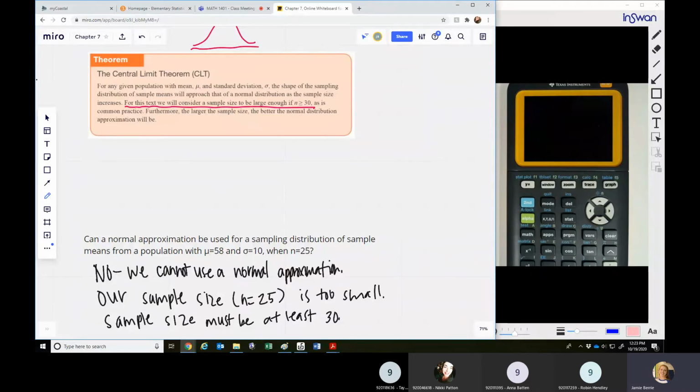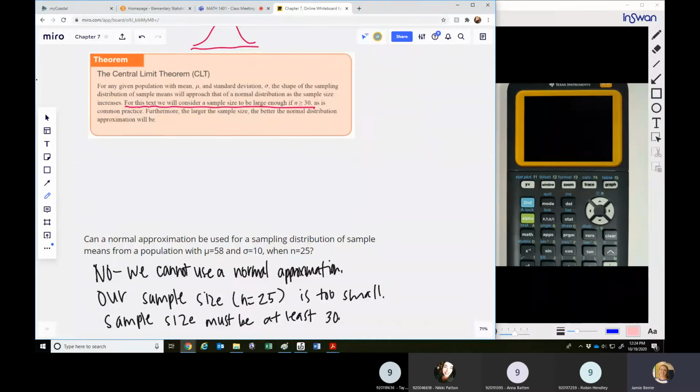For any given population that has a mean of mu and a standard deviation of sigma, your sampling distribution of sample means is going to approach that of a normal distribution as your sample size increases. That means your sampling distribution is going to be approximately normal as long as you have a large enough sample size, which we know is at least 30.